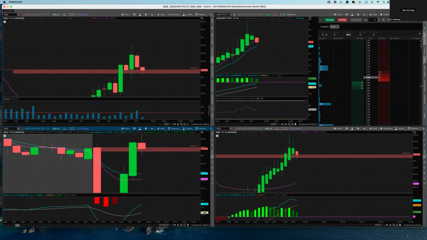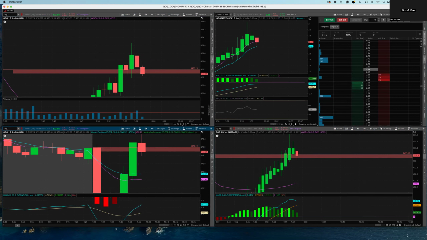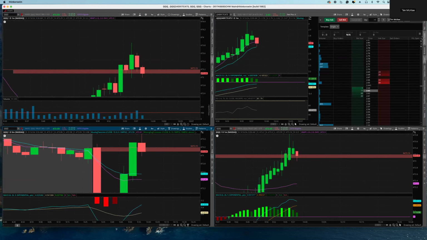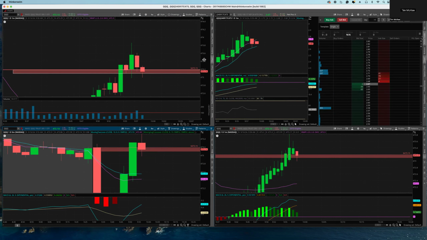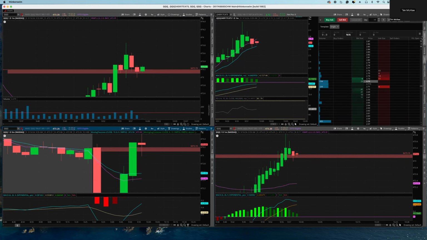I have a minute and a half to the pop at the top, so I'm probably not going to enter a trade until after the pop at the top. Less than a minute till the pop.